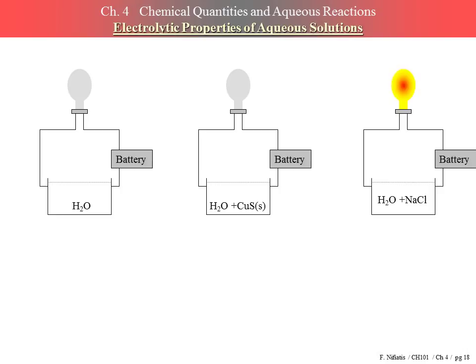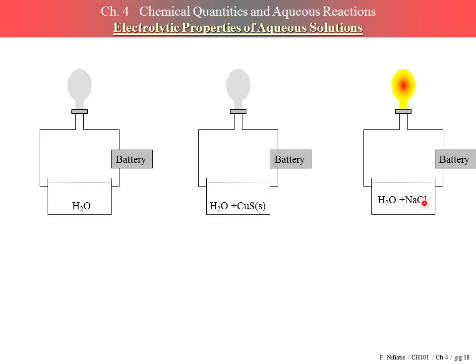Let's see the next experiment. Here, instead of copper(II) sulfate, we put sodium chloride. The sodium chloride is water soluble. It's going to make a homogeneous solution that has sodium cations surrounded with water, and chloride anions surrounded with water. And that's why actually the bulb lights. Why? Because the solution that we have here is conductive.